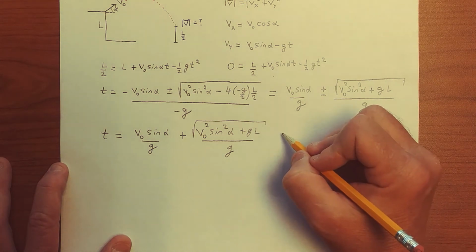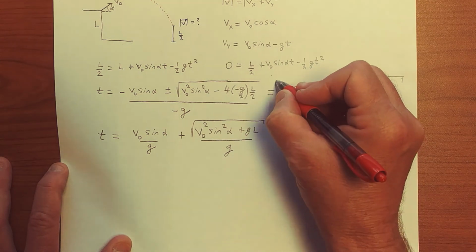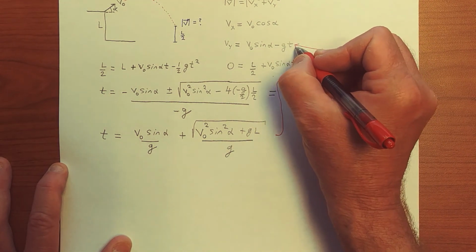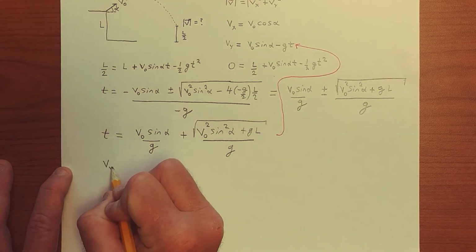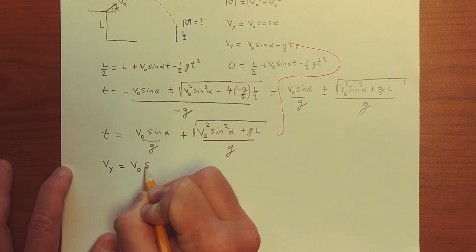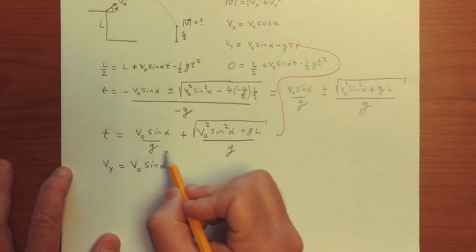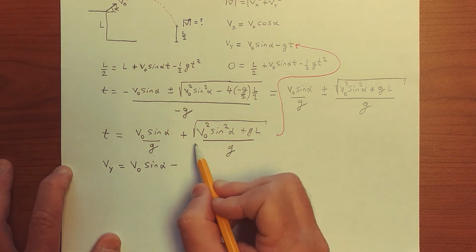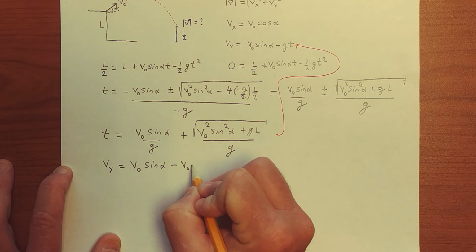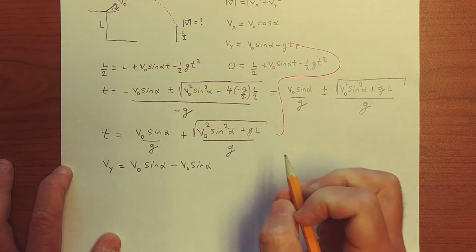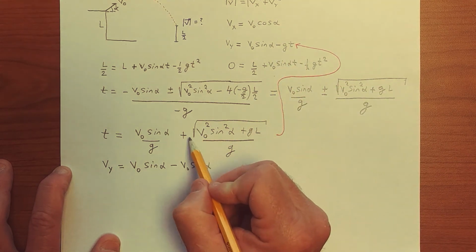And we'll plug this into the Vy equation where the t is and get Vy. So Vy is now equal to V naught sine of alpha minus g times this. That simply gets rid of the g in the bottom. So we have a minus V naught sine alpha, but that turns this one into a negative.